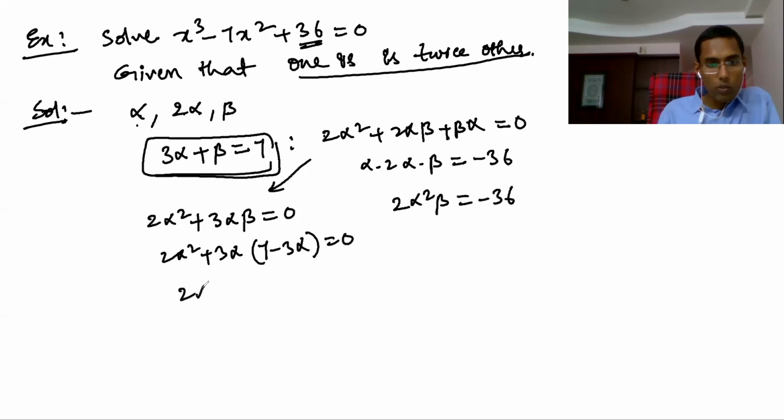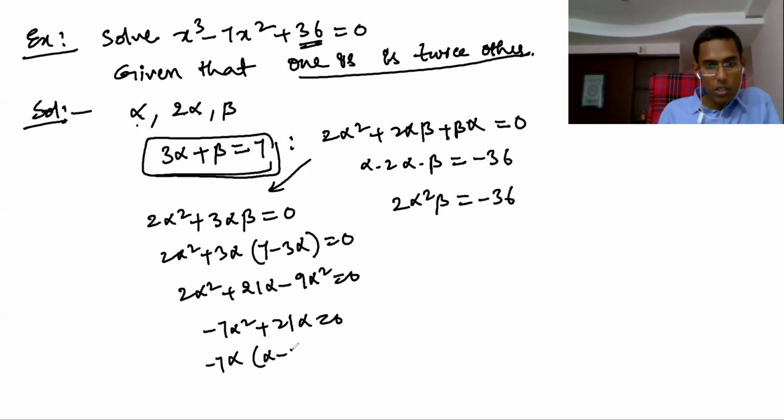This is 2 alpha square plus 7 alpha minus 3 alpha square equal to 0, that is minus alpha square plus 7 alpha equals 0. Taking alpha common, alpha into (alpha minus 7)... Either alpha equals 0 or alpha equals 7.